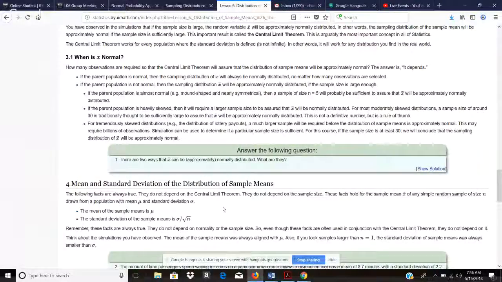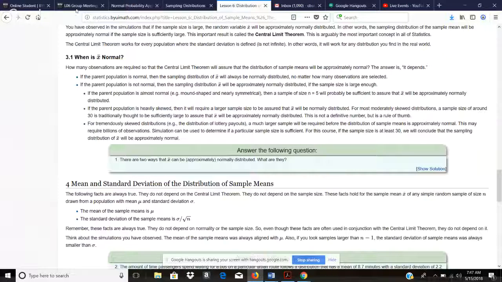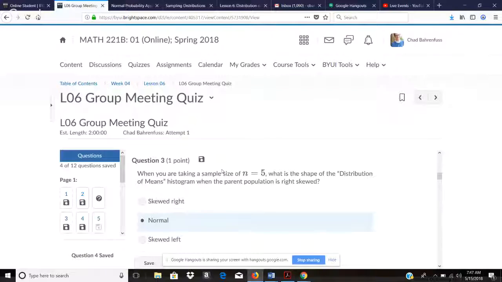So if the parent population is almost normal, then a sample size of 5 will approach it. If the parent population is not, it will require a large sample size. So it may be right skew. Let me look. What does it say the question is? Histogram on the parent population is right skew.